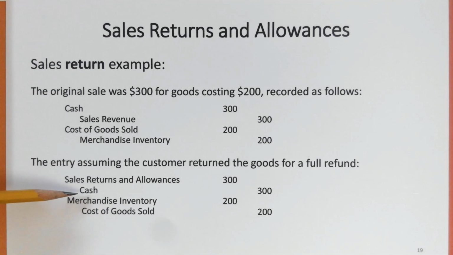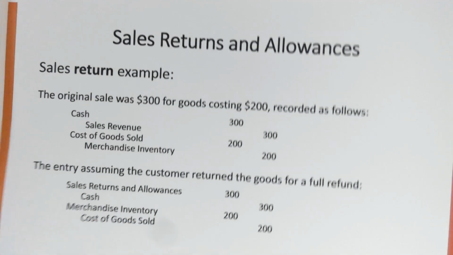And then of course we're going to credit cash because we're giving the cash back to the customer. And then hopefully these goods can be sold, so we're putting them back into merchandise inventory. To put them back in merchandise inventory, we debit merchandise inventory and we credit cost of goods sold.